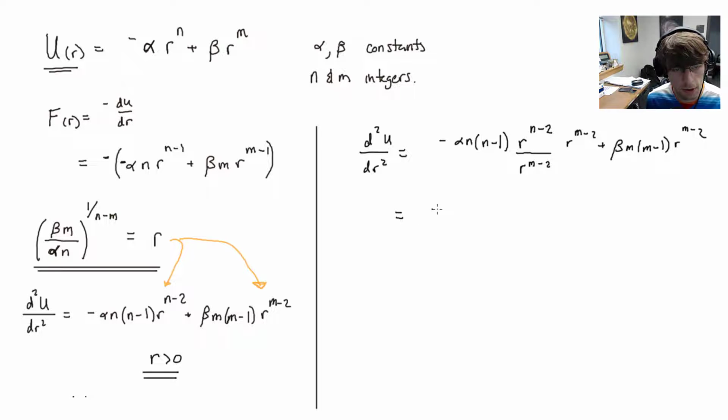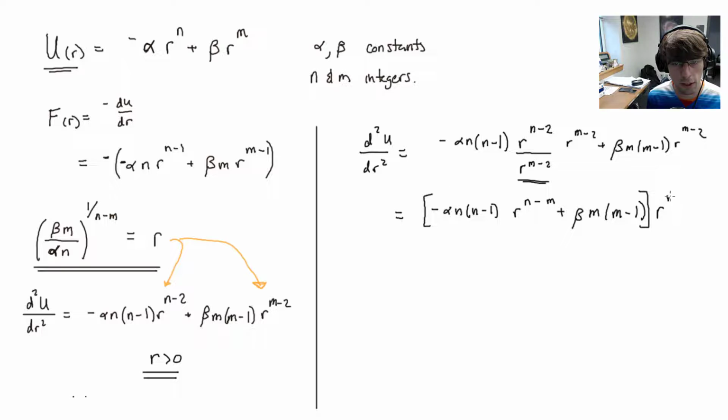And so you get something that says negative alpha n minus 1 times, well, I know what this is. This is just n minus m. So I'll get r to the n minus m plus beta m times m minus 1. And I just have r to the m minus 2. Whew! Well, I've got a value for this at least.